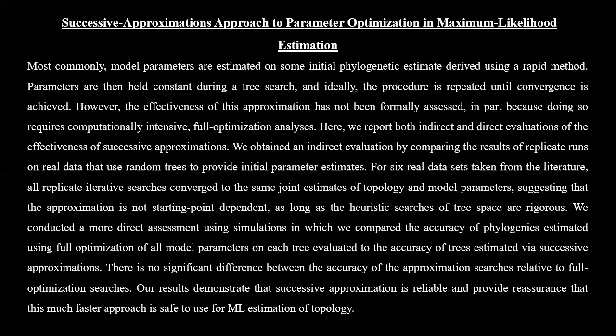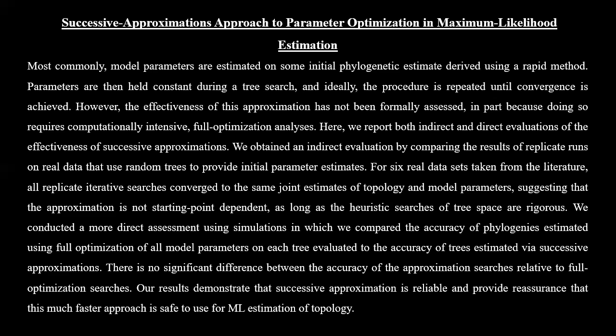We also consider a multinomial distribution with 4 classes and the respective probabilities in the 4 classes, and we will also find its successive approximation approach to parameter optimization in maximum likelihood estimation.